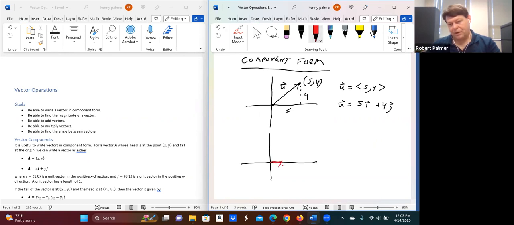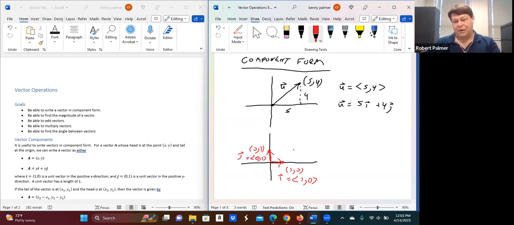So if we have a vector right here, where it starts at the origin and it ends at 1, 0, this is the vector i. So the vector i is itself a vector with x component 1 and y component 0. And then we have another vector, similarly, where this endpoint is 0, 1, and that's what they call the vector j, and it has components 0, 1.